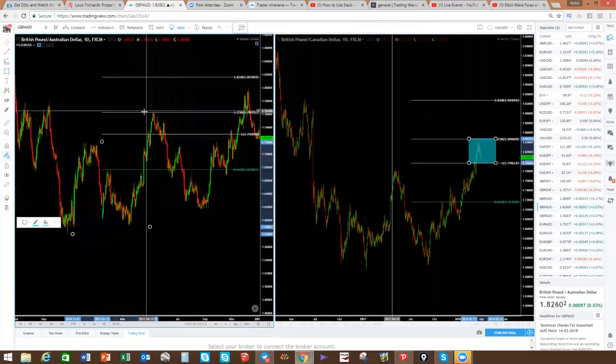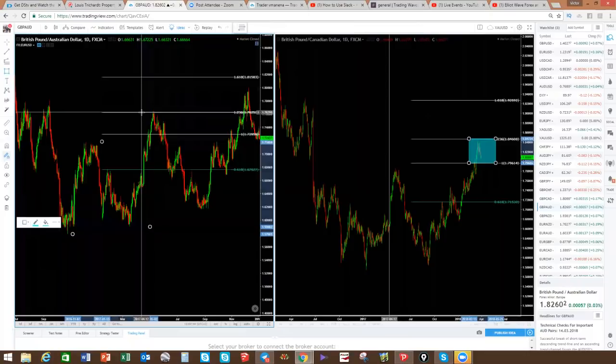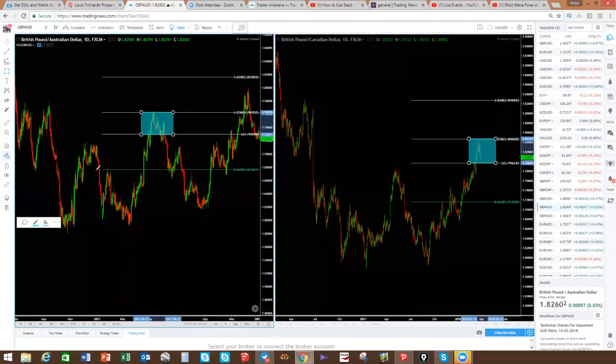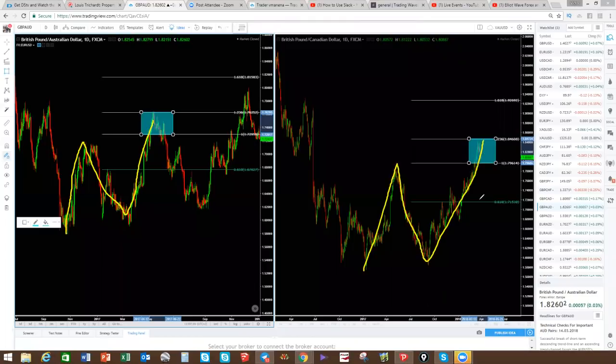I remember this trade last year. You see, this one reversed there. Made a 1, 2, 3, reversed from the blue box and gave us a whole move down. Here it makes a 1, 2, 3. Now we're in the blue box, we're expecting a move down. Okay, so we expect this similar move.